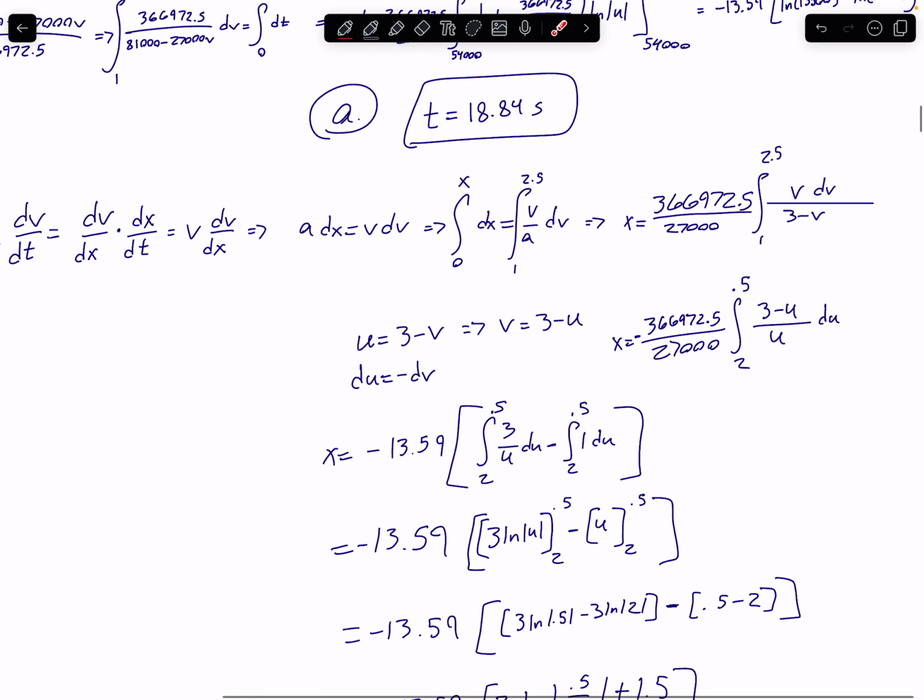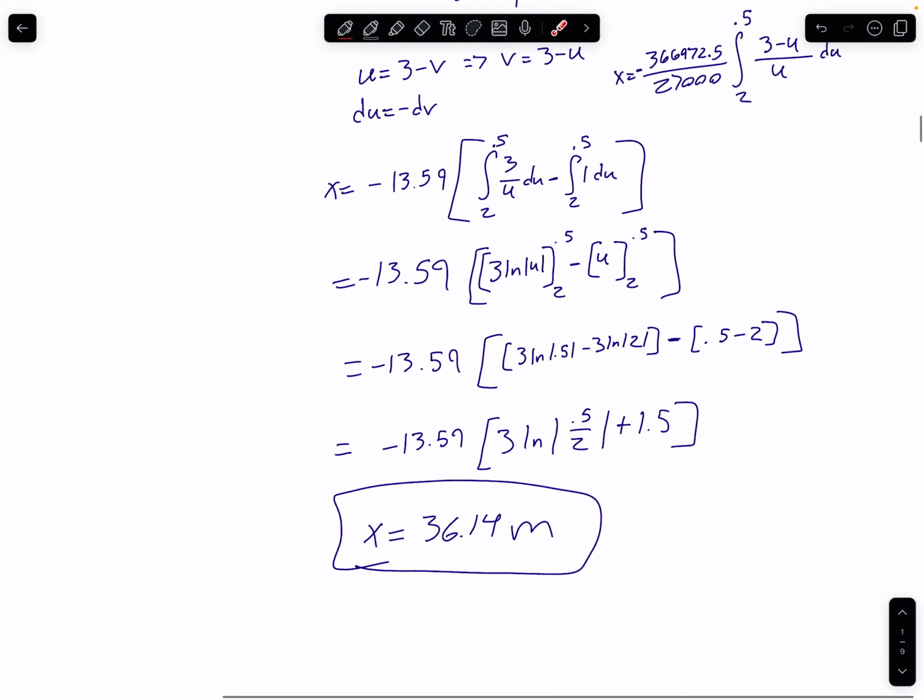Then I separated them out into two different things. I'm sure that there's somebody better at calculus than me who is able to do that, but it ends up being 3 over u minus 1, so it's just easier to divide and conquer. And after some calculus, we discover that x equals 36.14 meters.